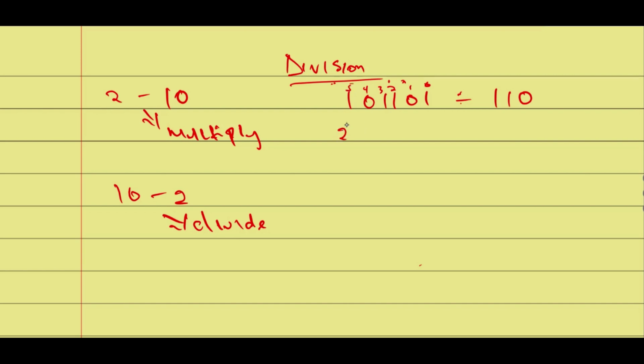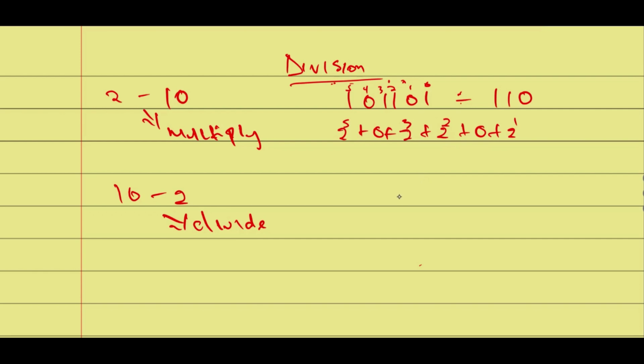So we have 2 to the power of 5 plus 0 plus 2 to the power of 3 plus 2 to the power of 2 plus 0 plus 2 to the power of 1. The reason why I'm using 0 is because any number multiplied by 0 is 0, so there's no point in calculating and then multiplying by 0.